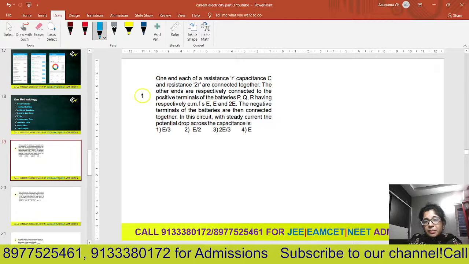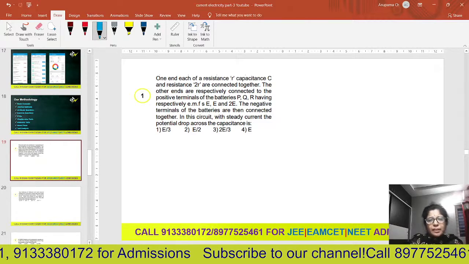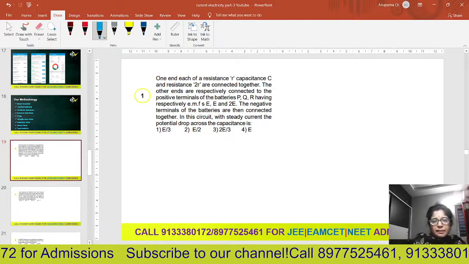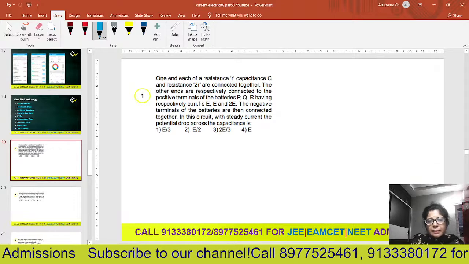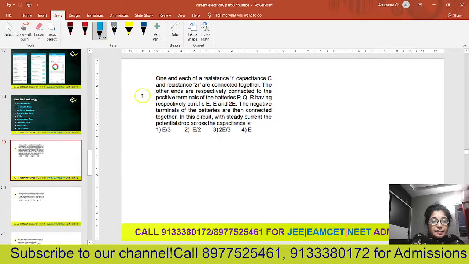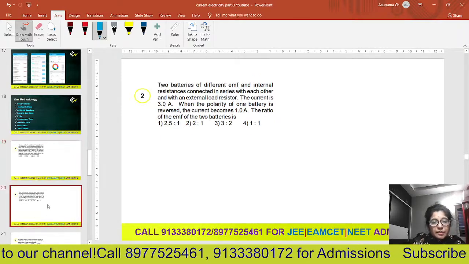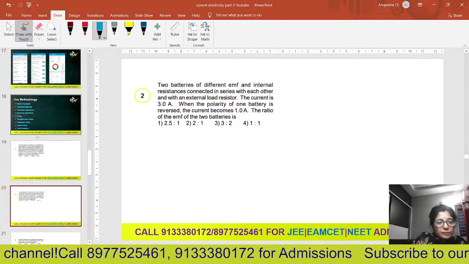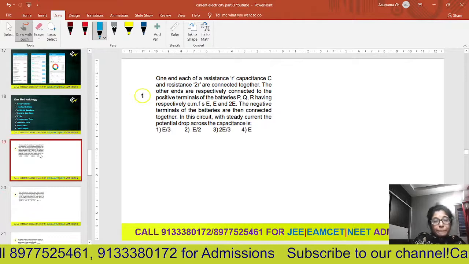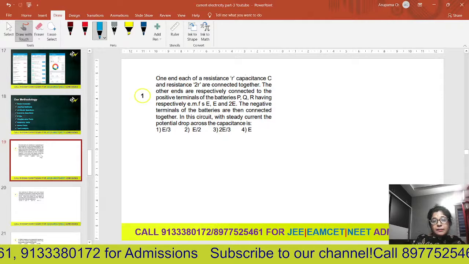The negative terminals of the batteries are then connected together. Remember one thing: whenever all the positive terminals are connected to one side and negative terminals to the other side, they are asking what will be the potential drop across the capacitance.